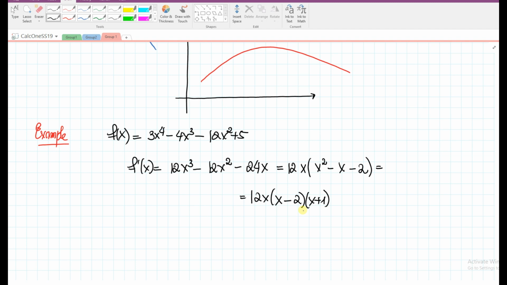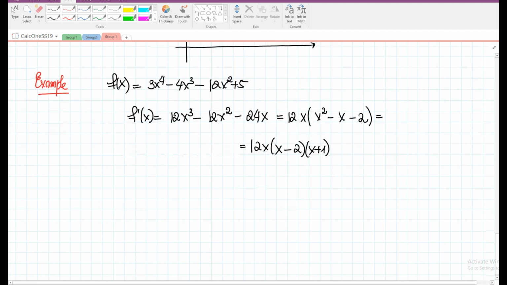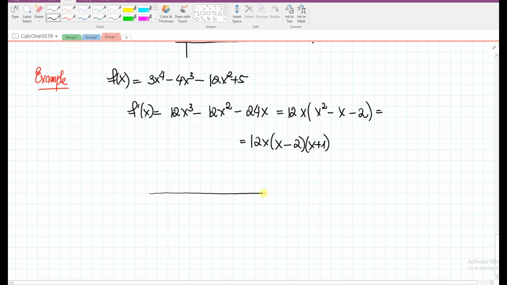In order to find the regions where this function is positive and negative, we need to put the three points on the interval of x, right? So minus 1, 0, and 2. Then we split the whole interval of x into four different parts, right?